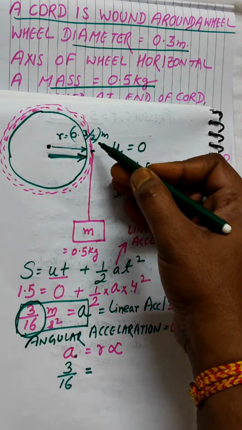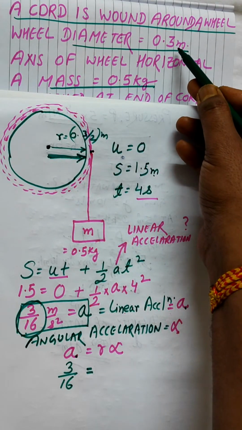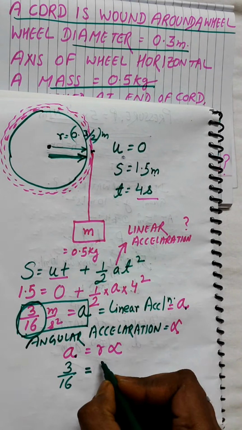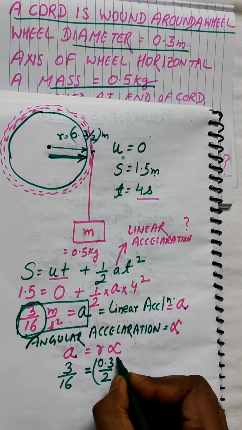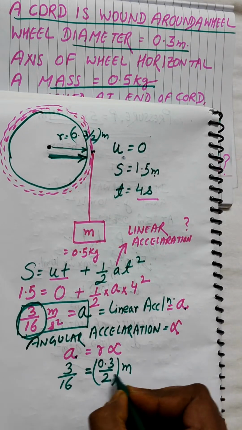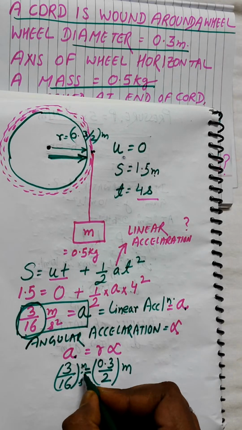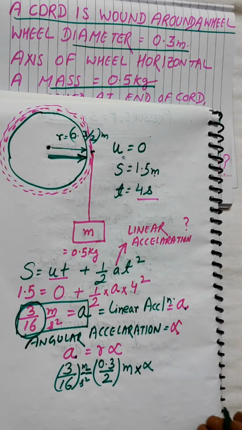Equal to r. What is the value of r? Since 0.3 meter is the diameter, r will be equal to 0.3 by 2 meter, and a is in meter per second square, into alpha. So this will give you the value of alpha.